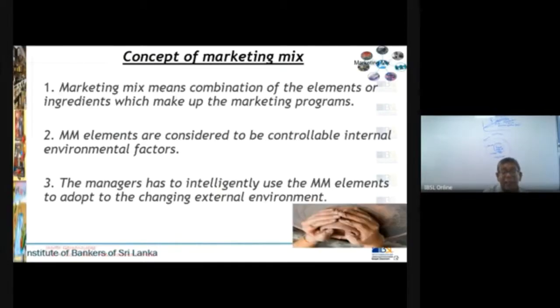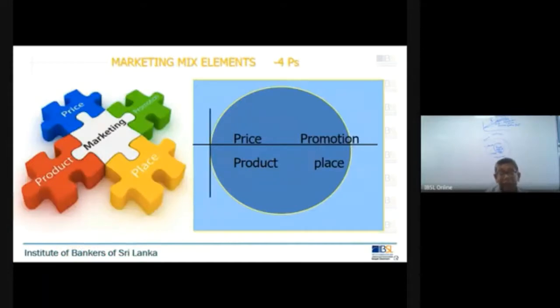So what are the marketing mix variables? It is in your handout. We call them simply the 4Ps. What are the 4Ps? Price, product, promotion, place, or whatever order.